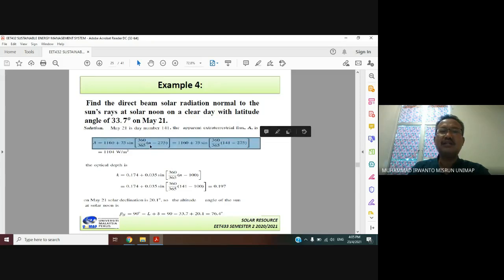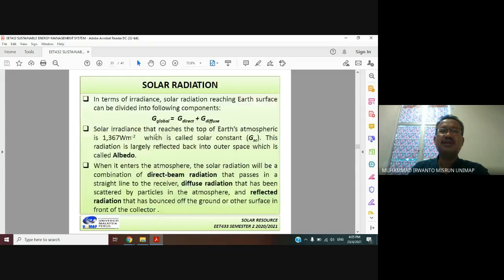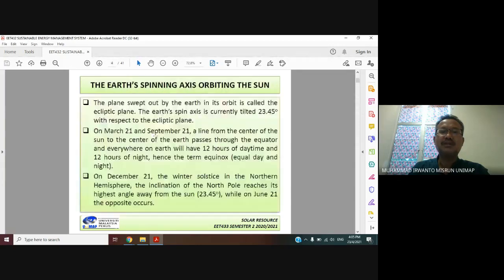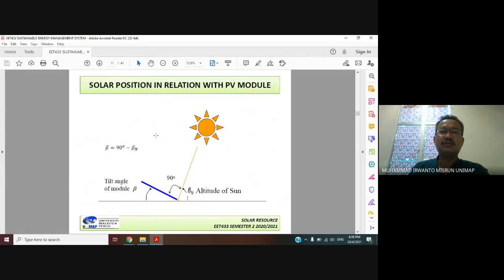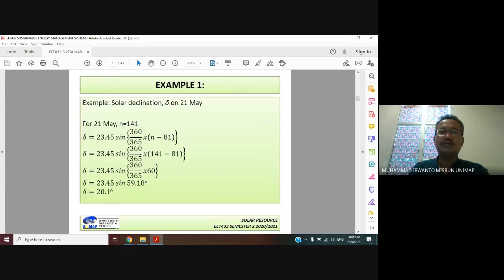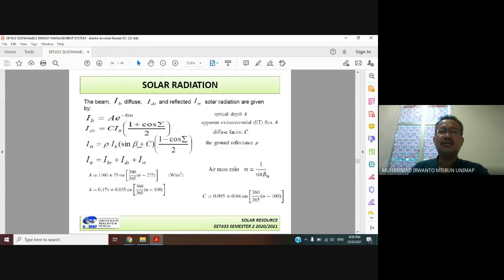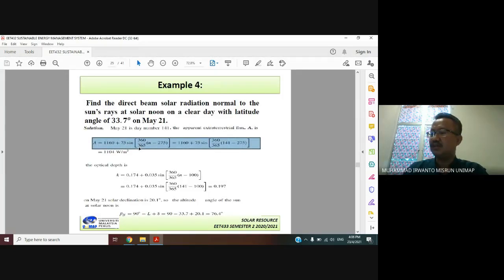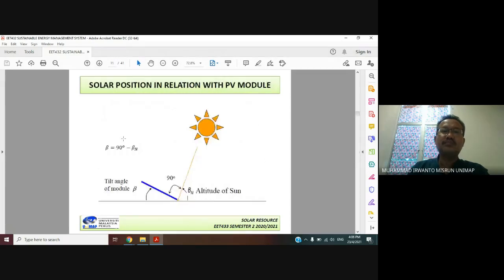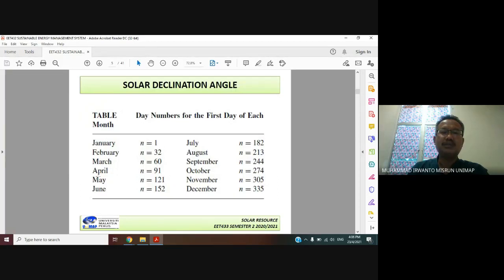Here, n is the number of days in the year, for the 21st of May. Relating it to this table, the first of May is day 121, so the 21st of May is 121 plus 20, which equals 141.